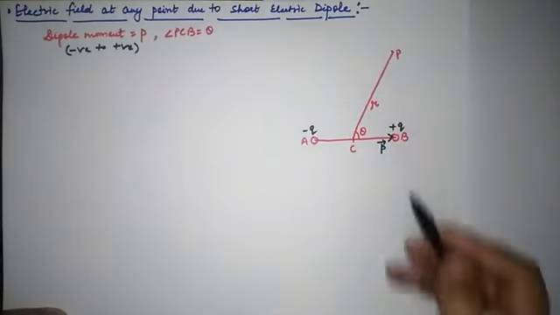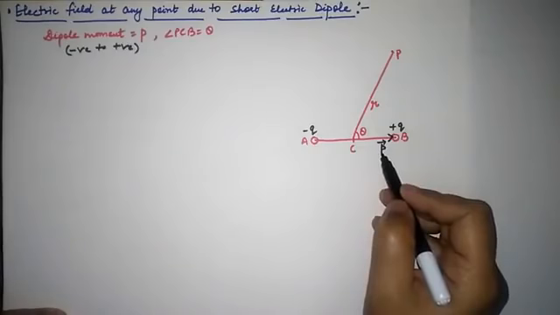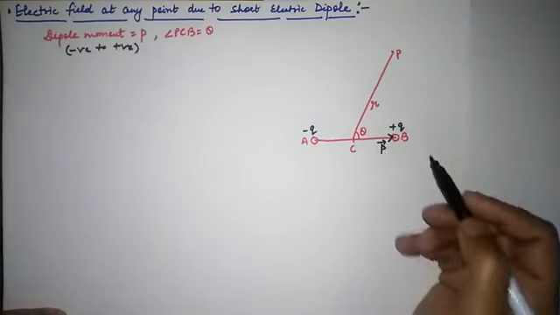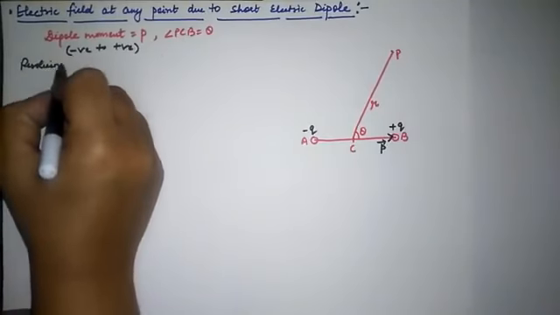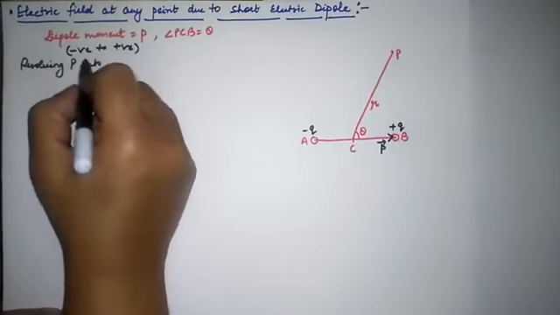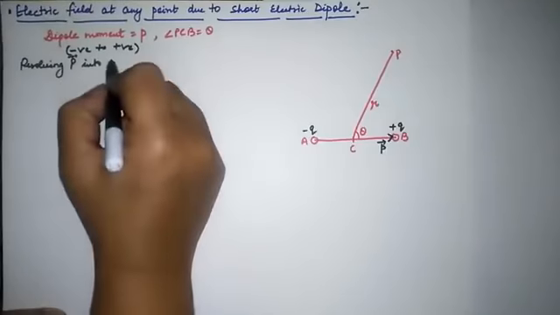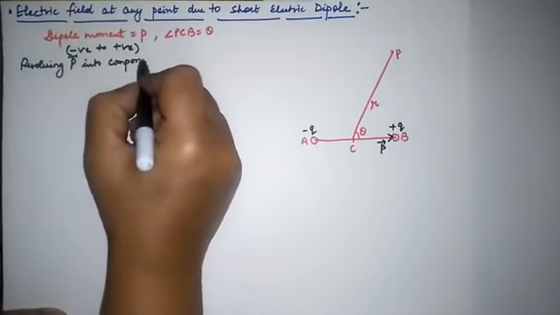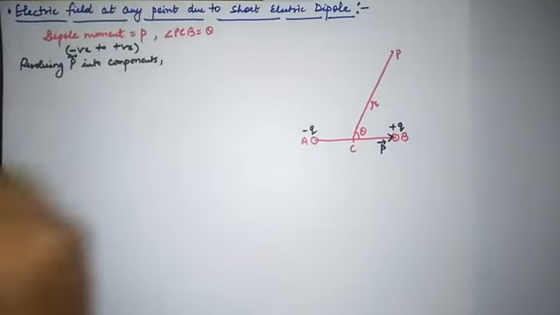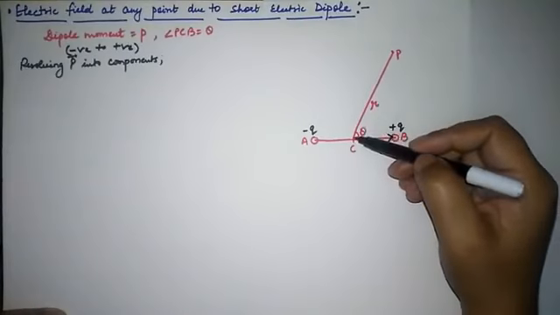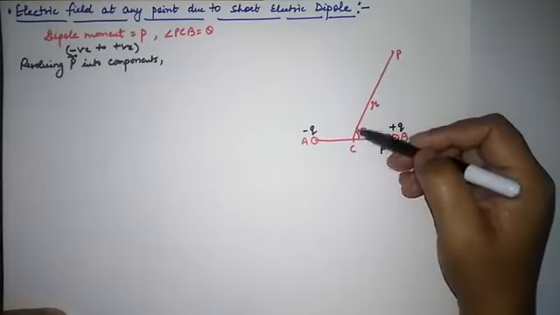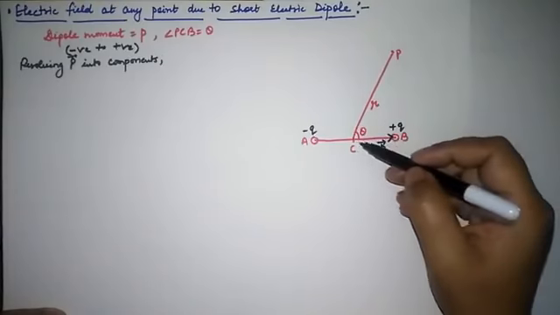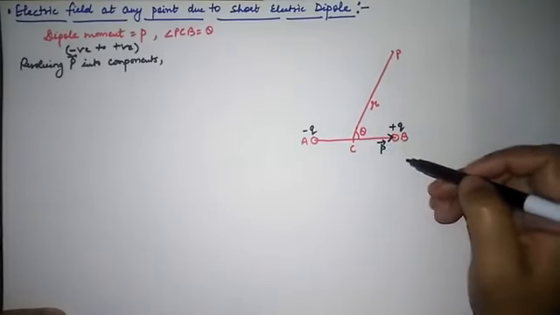Now we can resolve the dipole moment P into rectangular components. We have P cos theta along CP, because it is making angle theta with CP, and P sin theta perpendicular to CP.